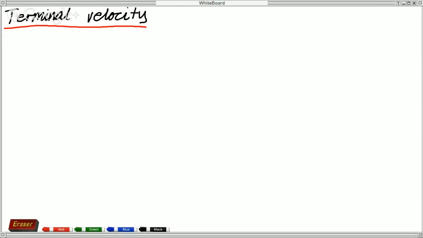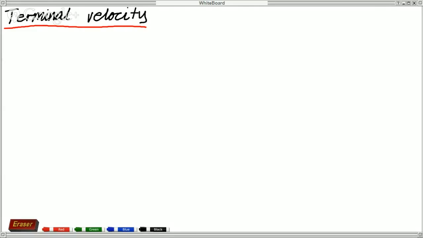Your air resistance will get greater and greater as your velocity increases, and you'll reach a point where you can't increase the velocity anymore to overcome this increasing air resistance. And that's called the terminal velocity, the point where you can't actually increase the velocity anymore.